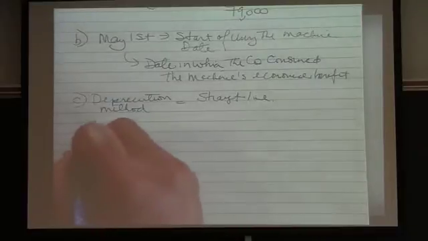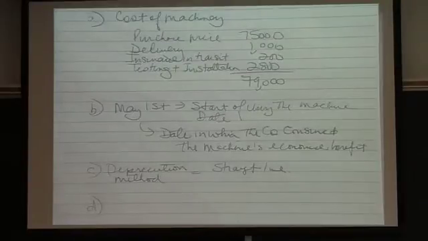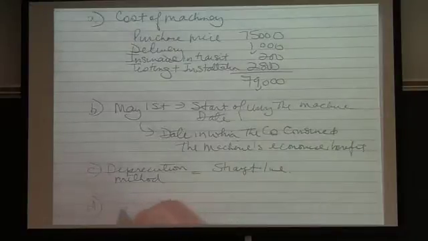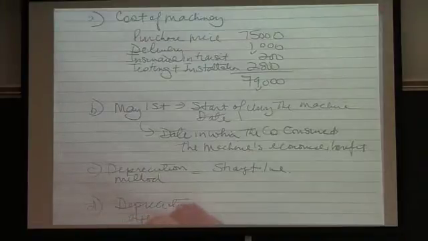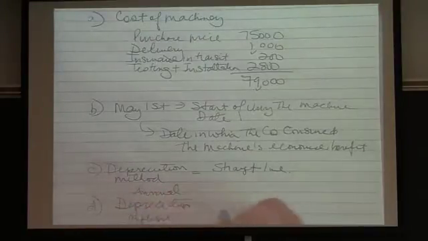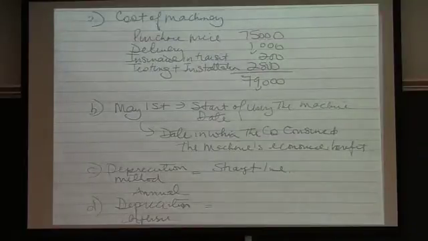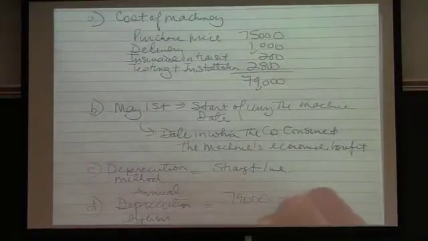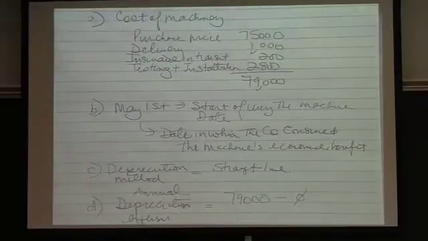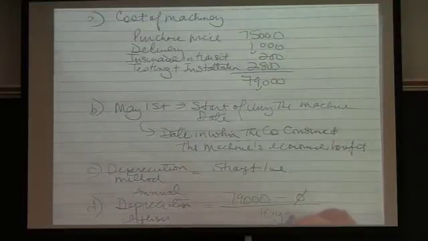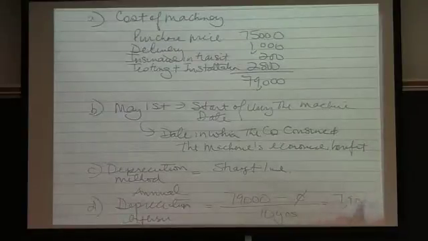Now, if you were to ask what the depreciation amount for the first year of use is, we need to calculate the annual depreciation expense, which is the cost of the asset, $79,000, minus the residual value, which is 0, divided by the useful life. In this case, we're told it's 10 years, to give us the annual depreciation of $7,900.